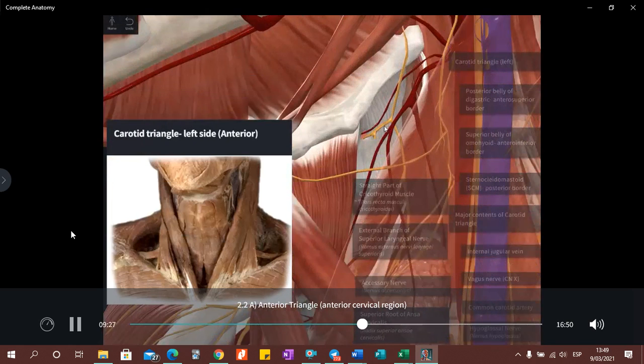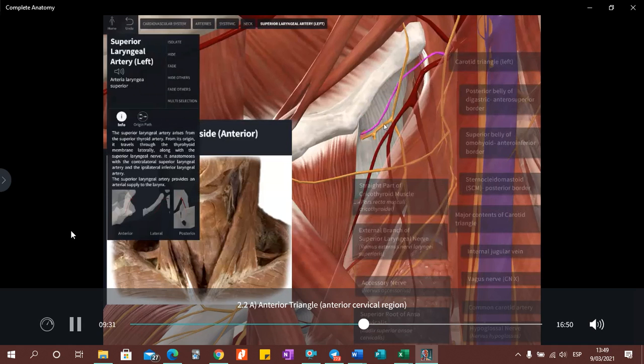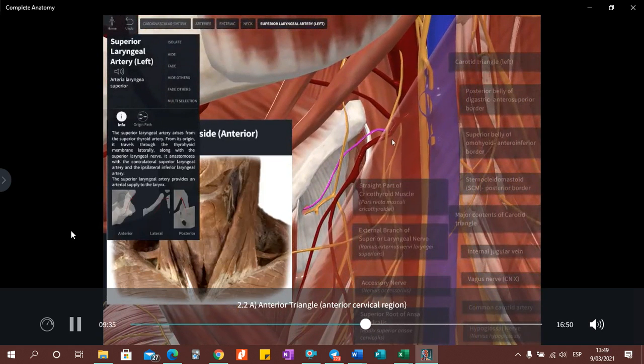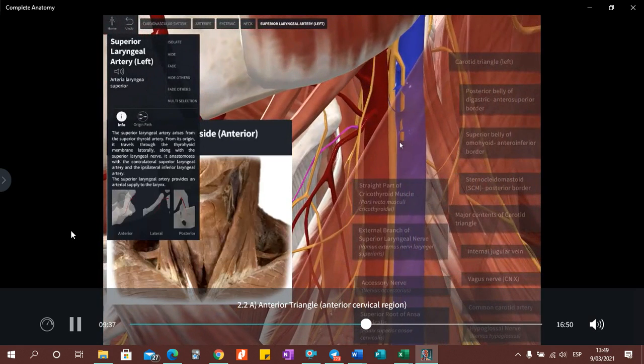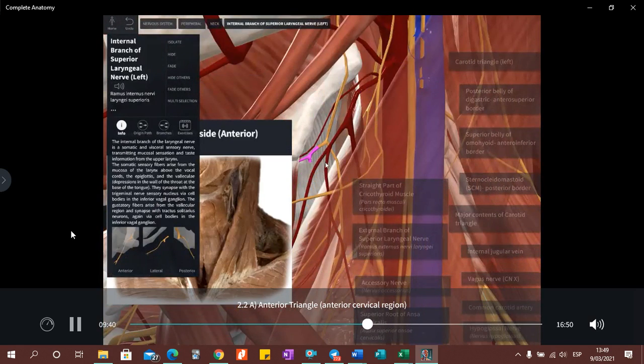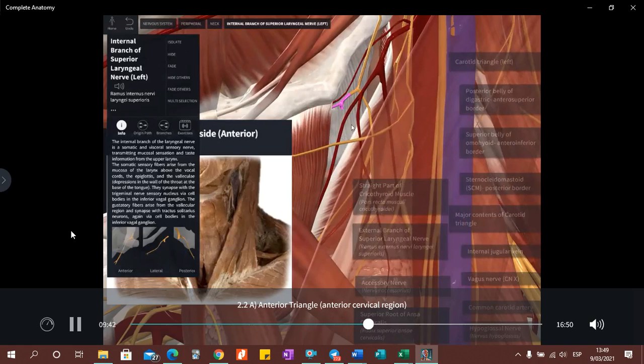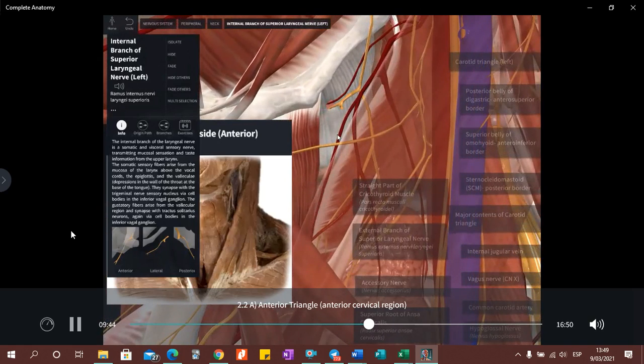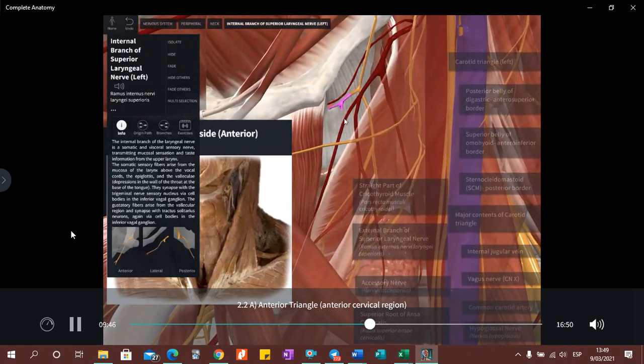This small artery that we can see here is called the superior laryngeal artery, and usually this artery will be a branch off of the superior thyroid artery, which in turn is a branch off of the external carotid artery. And here's the internal branch of the superior laryngeal nerve. Some actually also call it the internal laryngeal nerve.